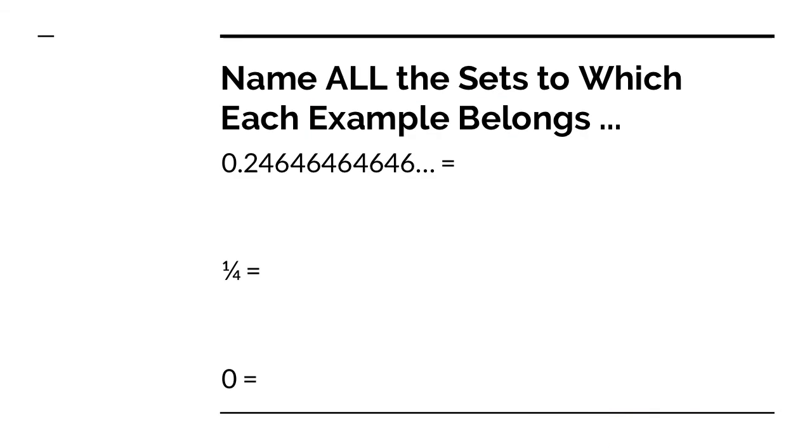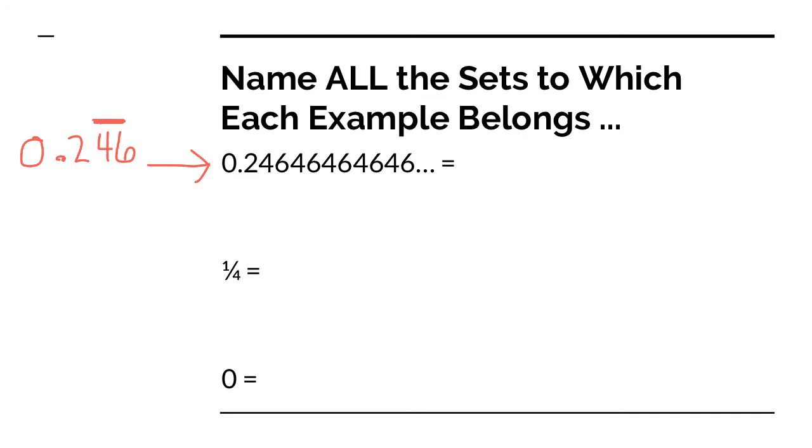So for this next activity, I want you to name all the sets to which each example belongs. And we're going to work through the first one together. So on this, if Google Slides was more math friendly, I would have written it as this, but I couldn't get that repeater bar to work for me, so I had to write it out this way.